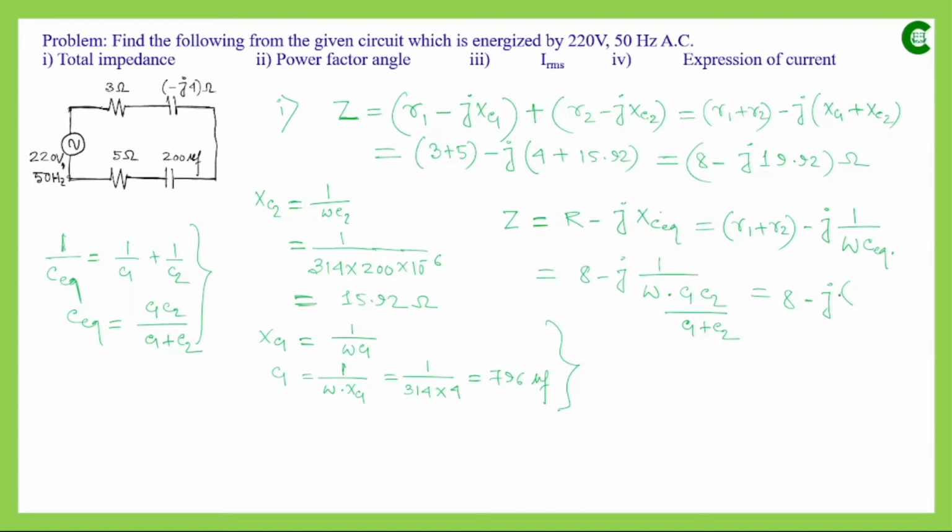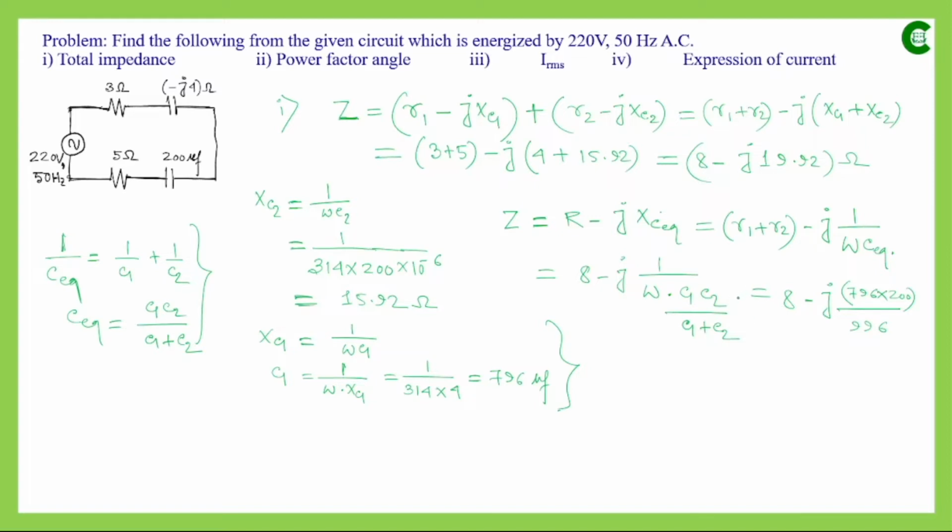So in place of C1 we will be writing 796, and in place of C2 we will be writing 200, divided by 796 plus 200, which will be 996. Since we are adding these two values which are in microfarad, here we will have 10 to the power minus 6, and since we are multiplying these two values which are in microfarad, here we will have 10 to the power minus 12.